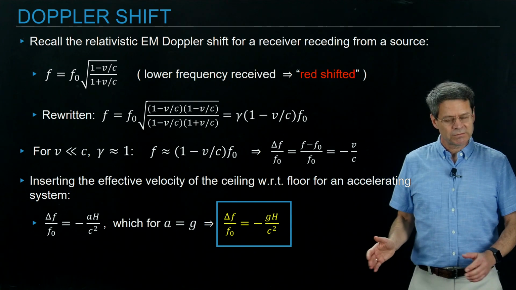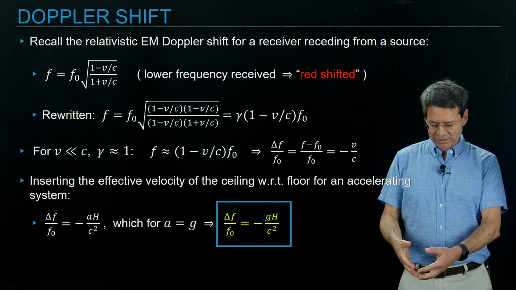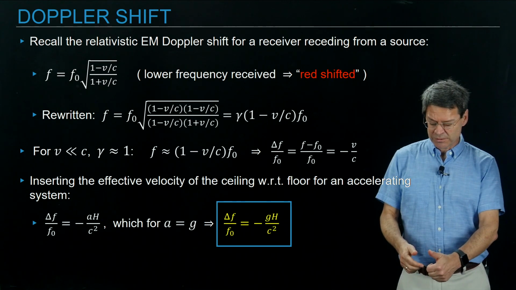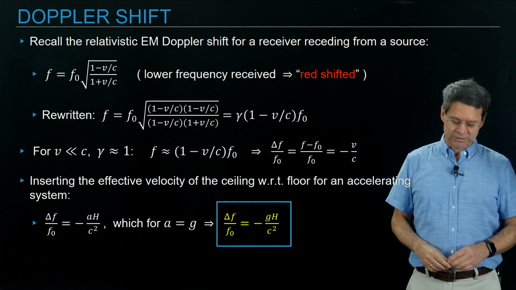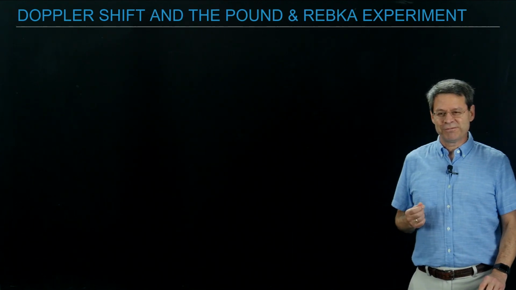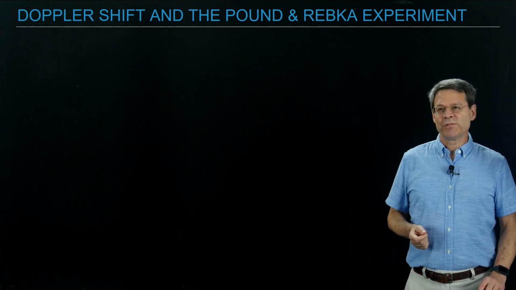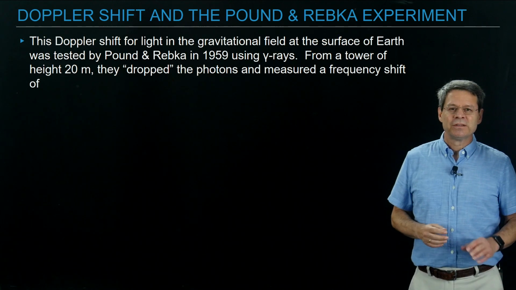That's telling me that light that's being emitted from deep inside a gravitational well, like on the surface of Earth, going up, is changing frequency. Now, it turns out this is a very small change, at least for Earth. Nevertheless, it was measured.